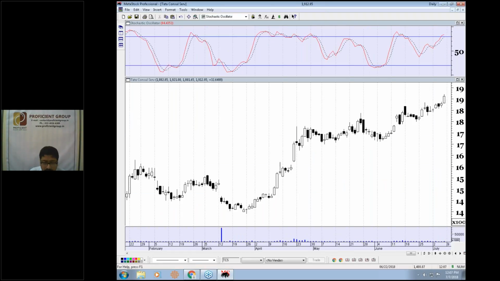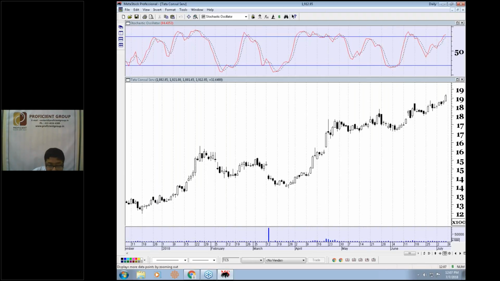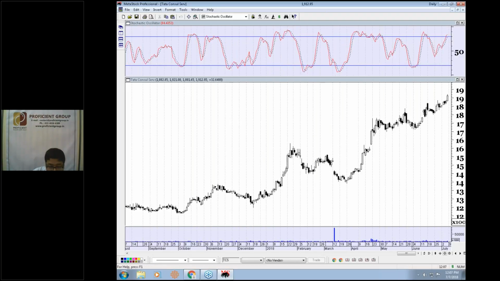Look at the overall dynamics of the chart. You can clearly see the series of higher bottoms, which is a trademark of any upward trend. And yesterday's closing price at 1912 was in fact another lifetime high.